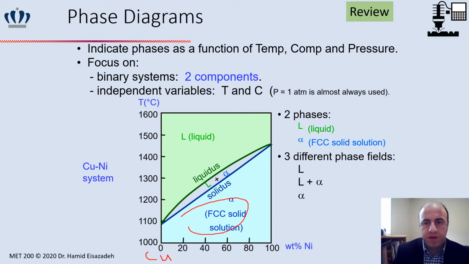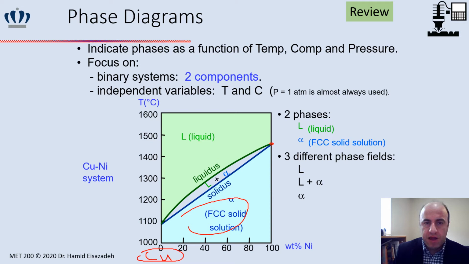If we increase the nickel composition into the copper, then the alloy will have a higher melting temperature, because nickel has a higher melting temperature.